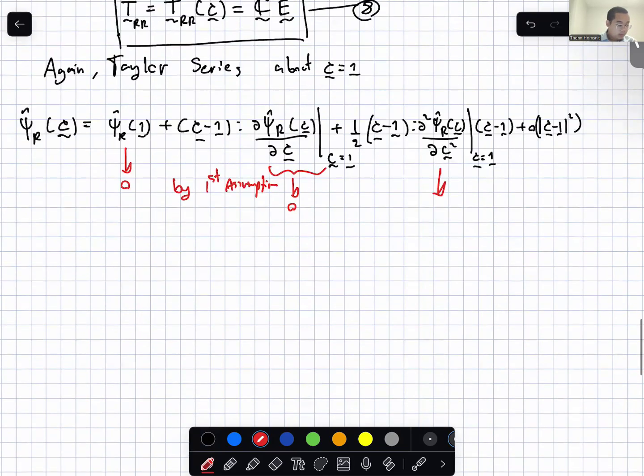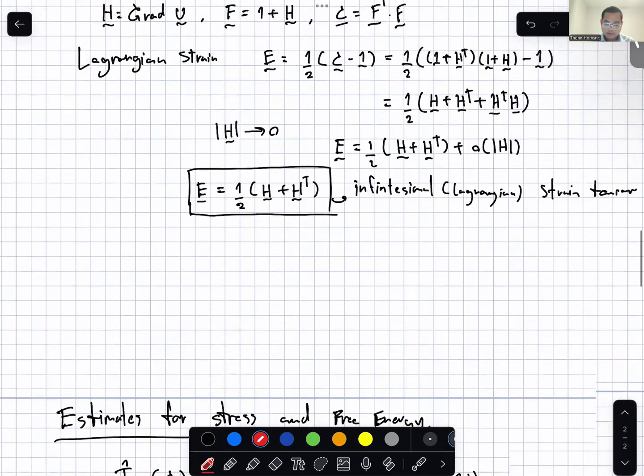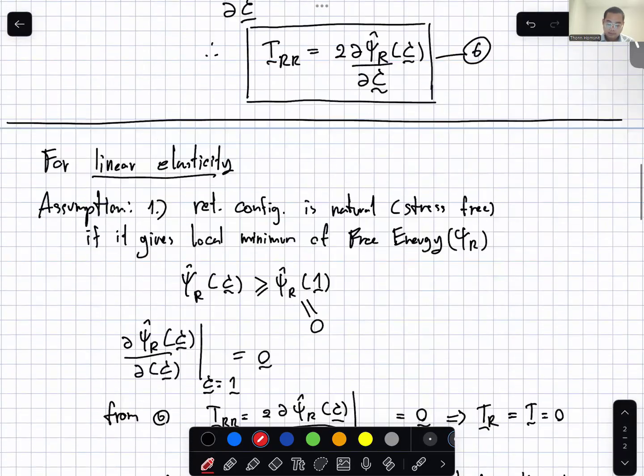So I will start from equation number 6. Where is equation number 6? So this one.